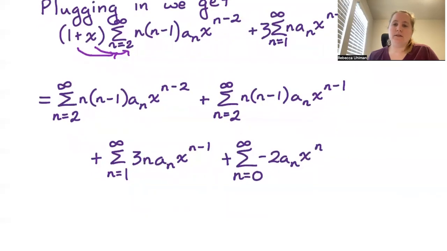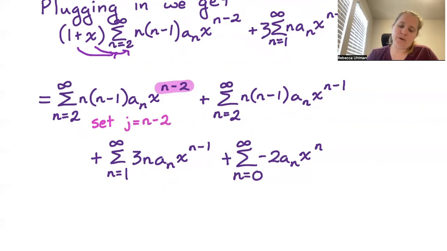Now let's see what needs to be re-indexed. If the power is not n, we need to re-index. So we have an n minus 2. For this one, we're going to re-index by setting j equal to n minus 2.